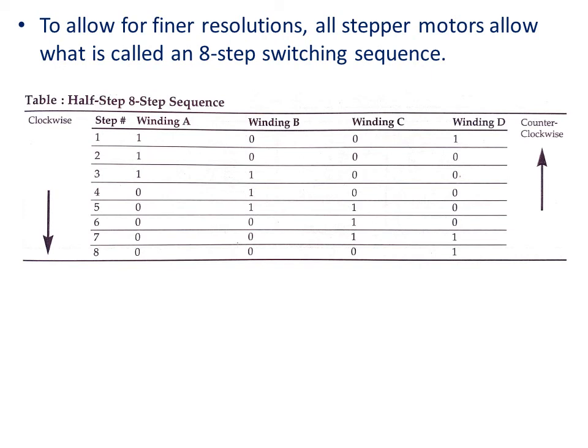The 8-step sequence is also called half stepping, since in the 8-step sequence each step is half of the normal step angle. For example, a motor with a 2 degree step angle can be used as a 1 degree step angle if the sequence of the table is applied.